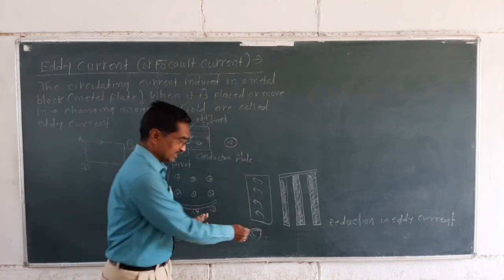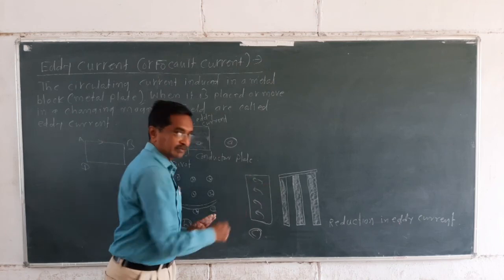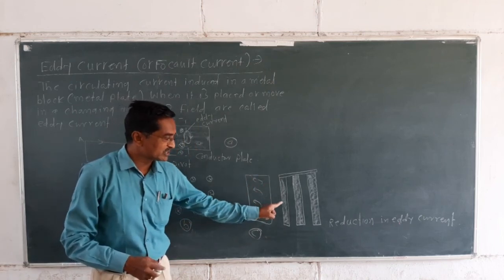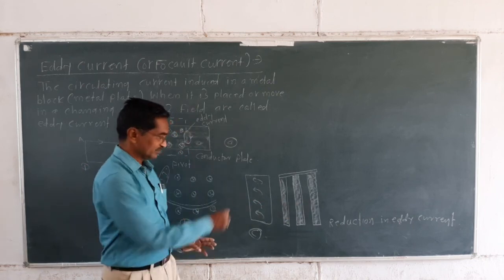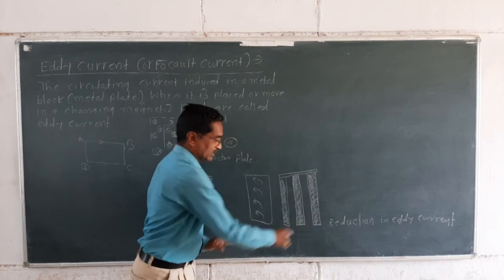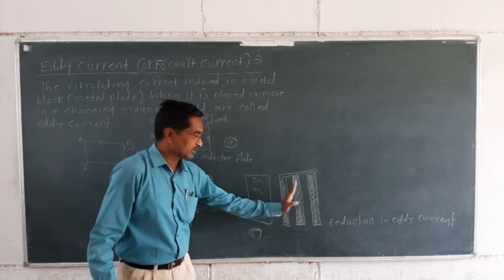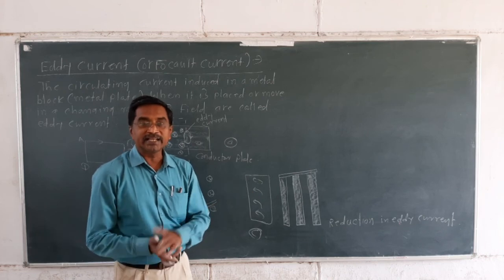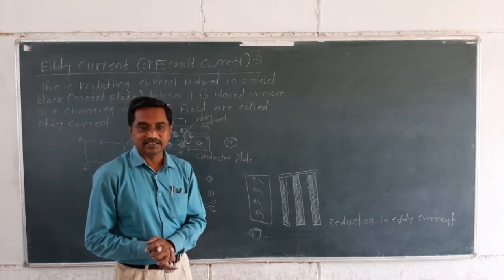See here, this is the metal plate, and if you cut this metal plate in this way, when you cut the plate in this way, the area of the coil is decreased.